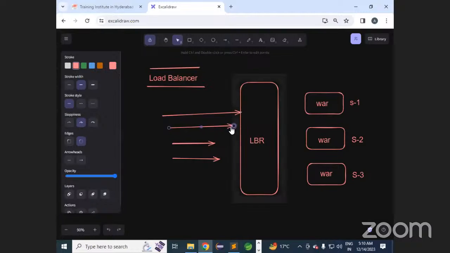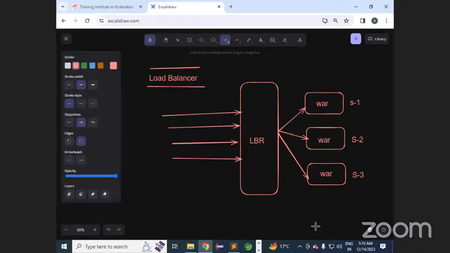This load balancer is responsible for distributing the load to all the servers connected to it. So whenever you send a request, that request will be taken care of by the load balancer.